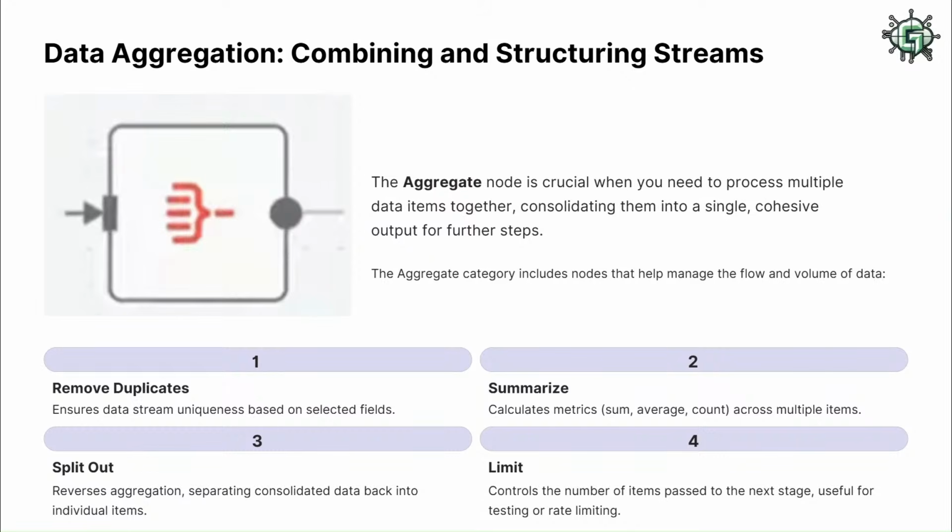If you want to send two or three, it will limit that. Limit is like a gate where you set the number of items that can pass through. All this helps data aggregation handle complex and large data streams efficiently.